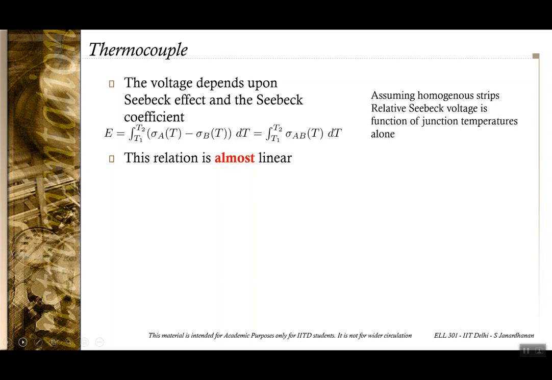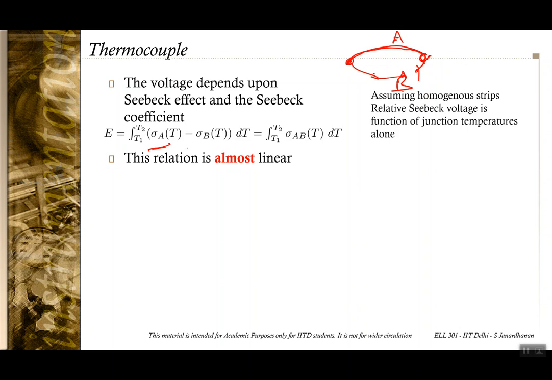If you assume that the two strips A and B are constant, then the term in the integral is going to be a function of the temperature alone for both the material A and the material B. Which would mean that the overall EMF is the EMF that is produced in A minus the EMF that is produced in B.